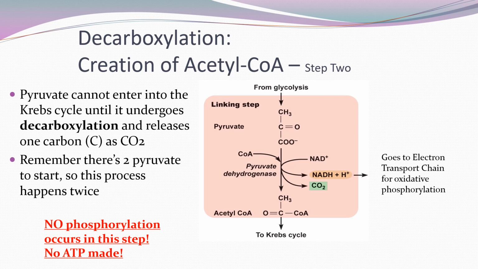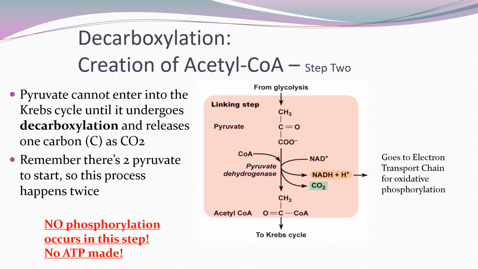Just know the start is the 2 pyruvates or pyruvic acids. From there, the end part of decarboxylation is going to be 2 acetyl-CoAs, as well as some other things. A little bit of waste, we'll talk about it. Now, because we have no ATP being produced, even in a small amount, on this step, that means no phosphorylation is happening. So make sure you know that.